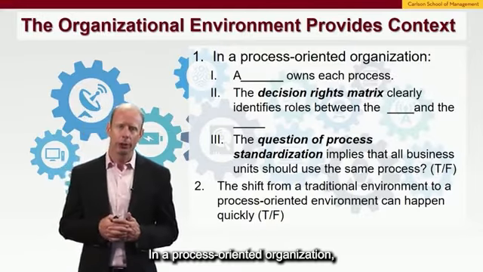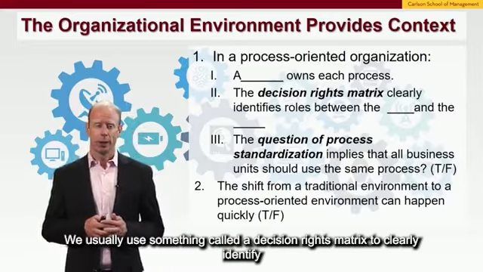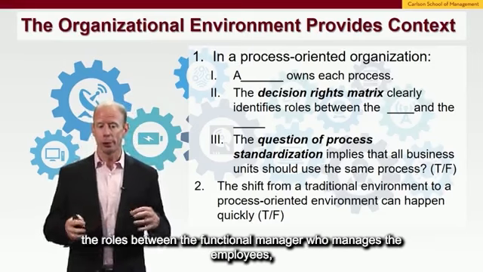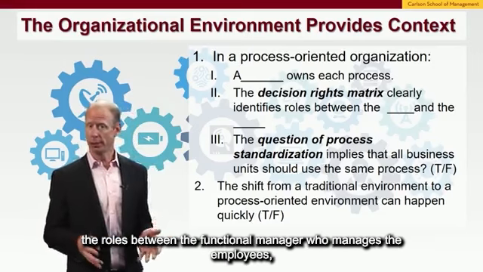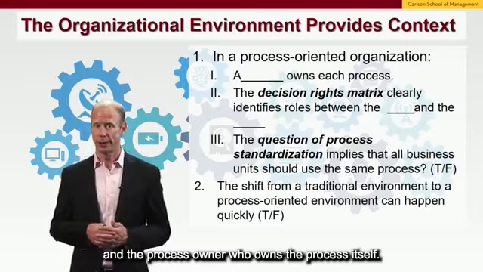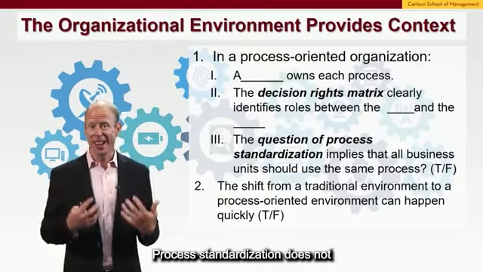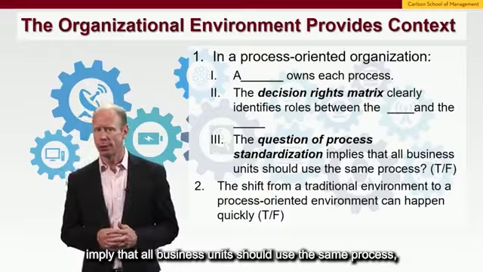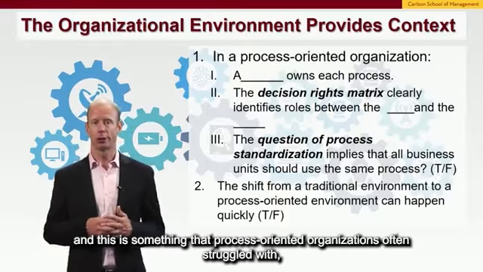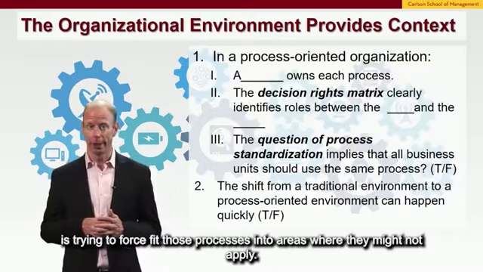In a process-oriented organization, a process owner owns each process. We usually use something called a decision rights matrix to clearly identify the roles between the functional manager, who manages the employees, and the process owner, who owns the process itself. Process standardization does not imply that all business units should use the same process, and this is something that process-oriented organizations often struggle with, trying to force-fit those processes into areas where they might not apply.